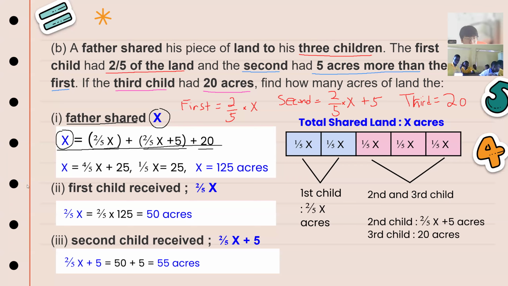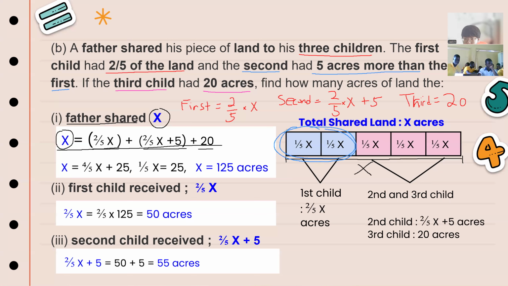Okay, so now that we have this equation, I hope everyone understood how we got it. And we can look at this diagram here too. If we think of this whole length as x, and the first child colored in blue, this is the amount the first child took.